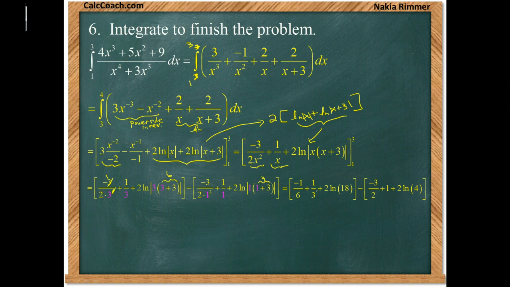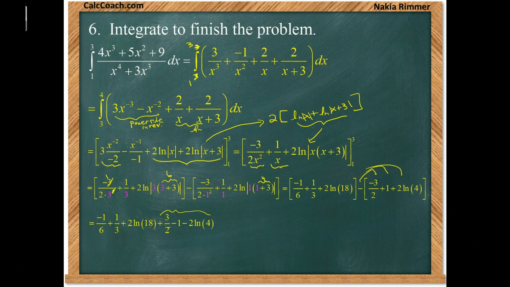My recommendation next is to put stuff that looks alike together. Go ahead and distribute this negative across and lose the square brackets. We'll have a positive 3 halves and a negative 1 and a negative 2 log 4. And the other guys stay the same. And then put these guys that are not logs together. We just put them right next to each other. So we have negative 1/6 and positive 1/3.